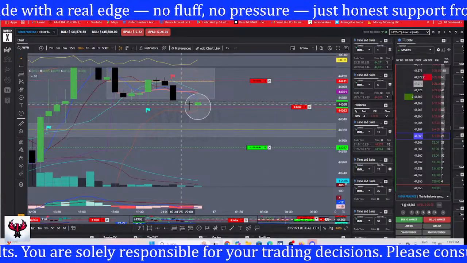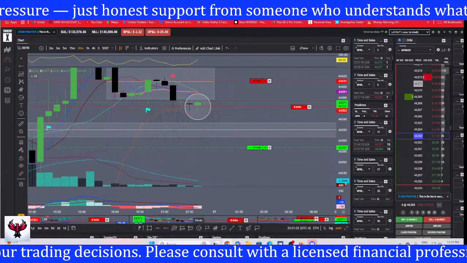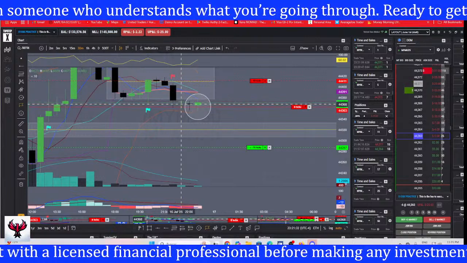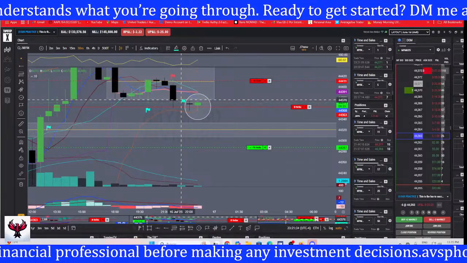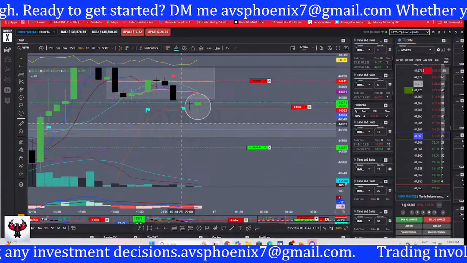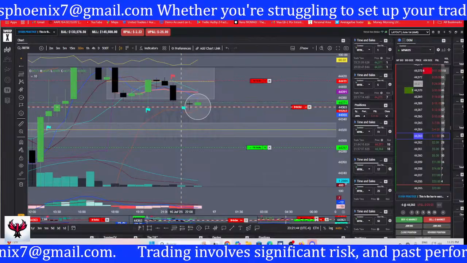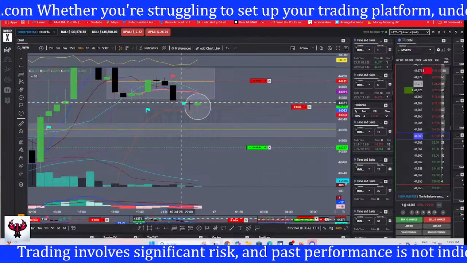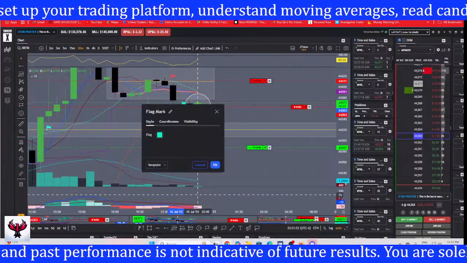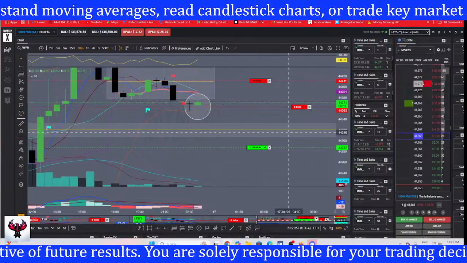This candle, even though it's like that, place this right here. Although it's green, put it red right there.